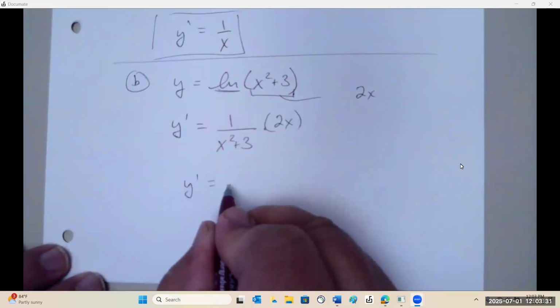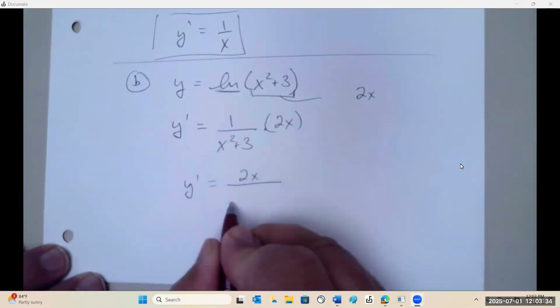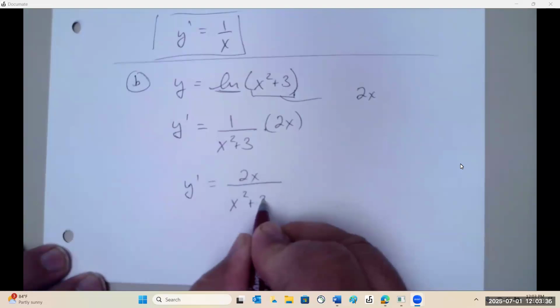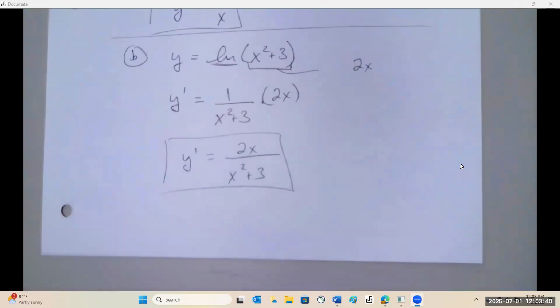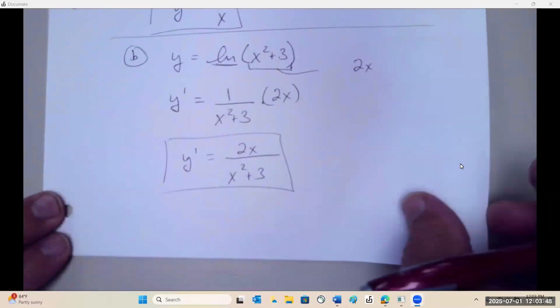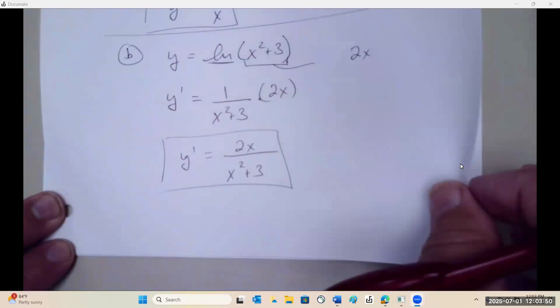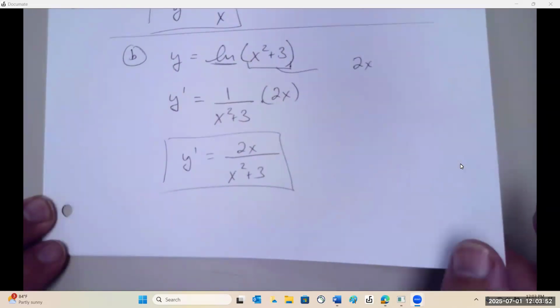So the first derivative equals 2x over x squared plus 3. Pretty easy. Okay, now back to algebra.